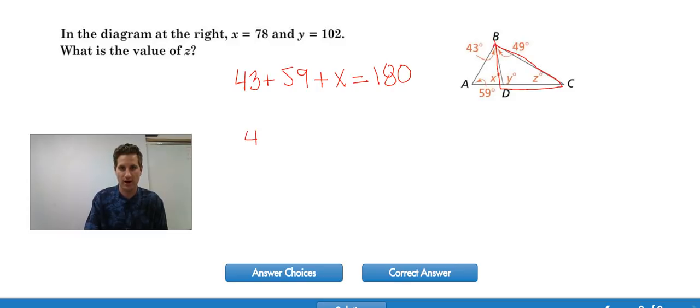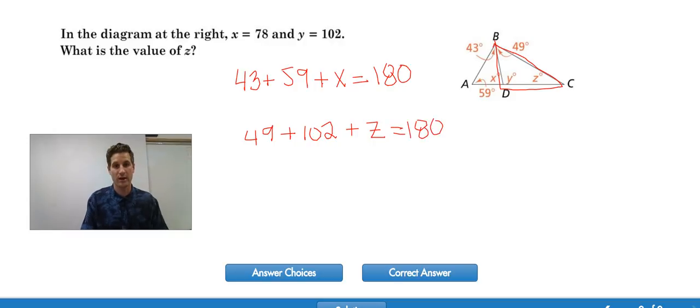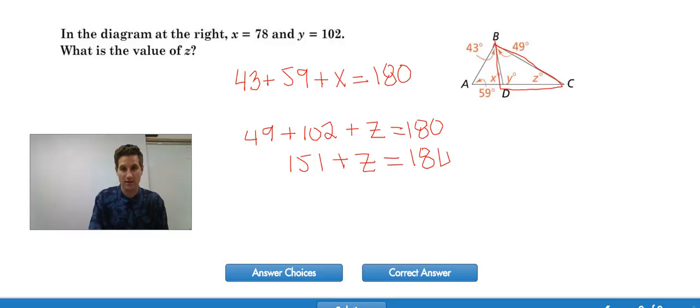And then last but not least, we have this triangle, and those angles should add to 180. So I should get 49 plus 102, which was the value of y, plus z equals 180. And we just go ahead and calculate. 102 plus 49, that gives me 151, plus z equals 180, and then we just subtract.